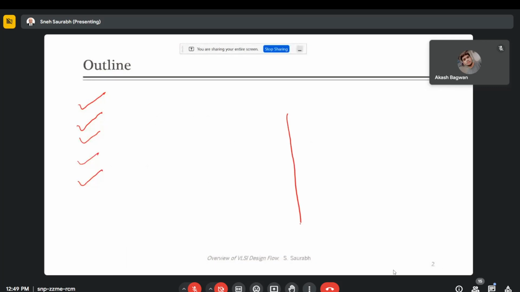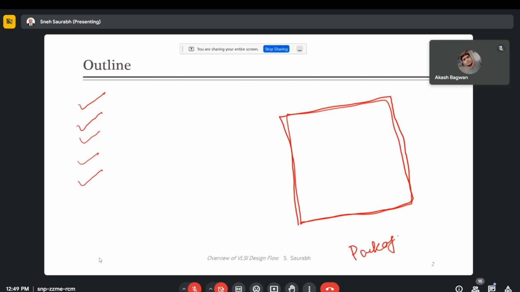So in the planning stage, we have already got the boundary. Whatever I am drawing, can you see it on your screen? Yes, sir. Okay. The area of this bounding box is pre-decided, and this comes from the packaging and other things, where this die will fit in and what would be the maximum size we can allow for this package.